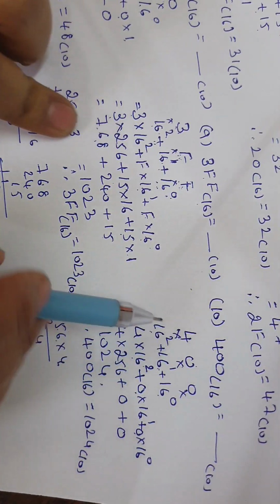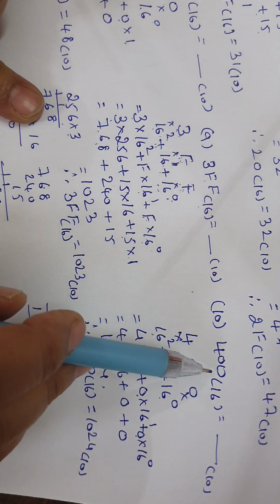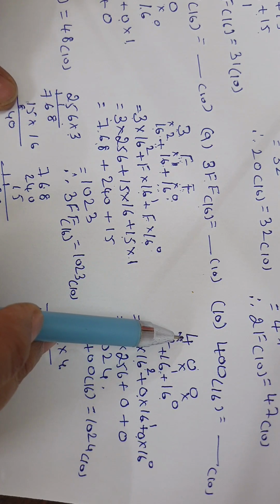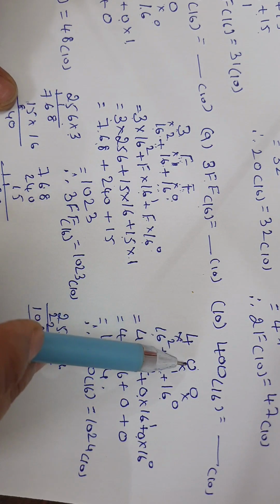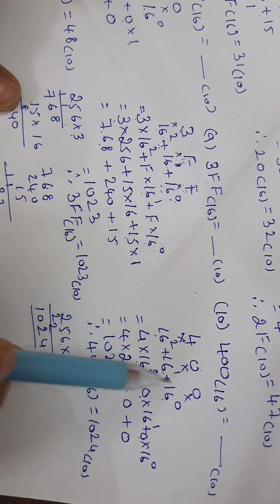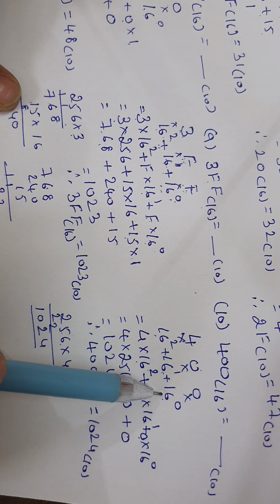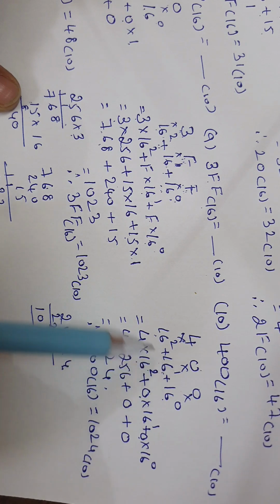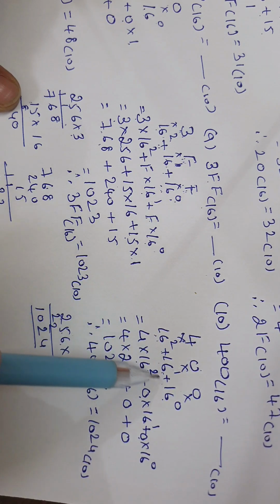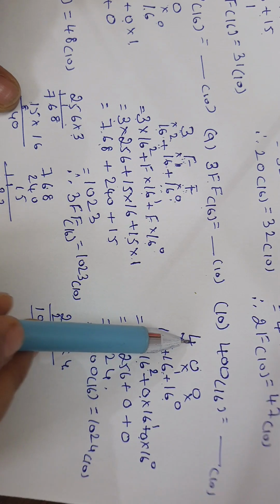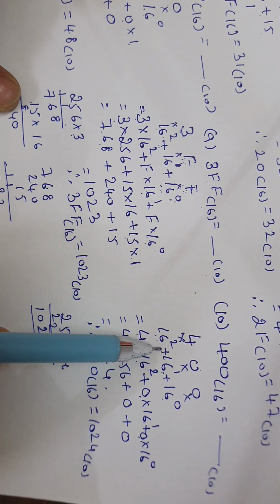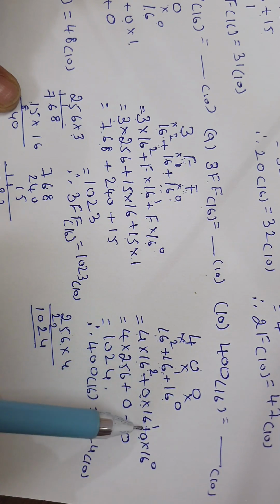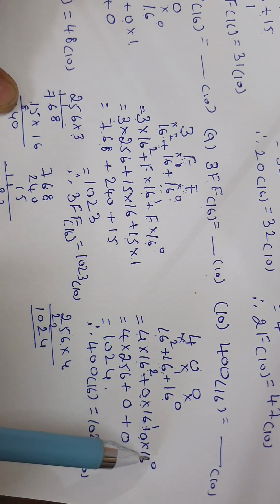So let us consider the 10th example, that is 400 in hex is equal to which decimal number. So take the given hex number 400, then we'll have to multiply their place values here. 16 raised to 0 is the weighted value for the first place, the second one 16 raised to 1, 16 raised to 2. Next we will have to add after multiplication. So 4 into 16 raised to square, plus 0 into 16 raised to 1, plus 0 into 16 raised to 0.